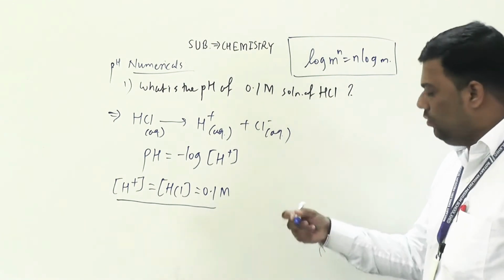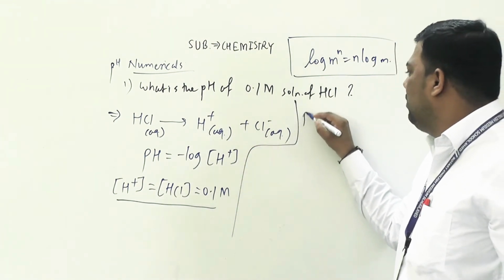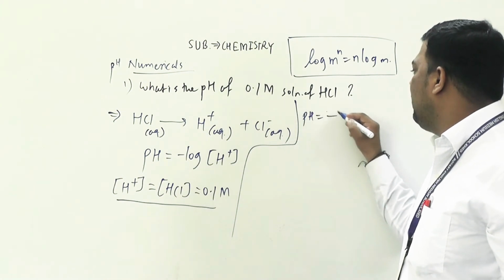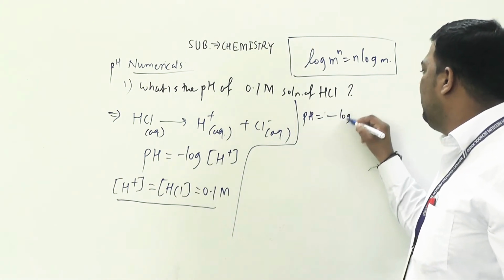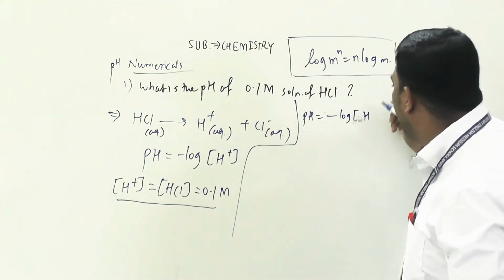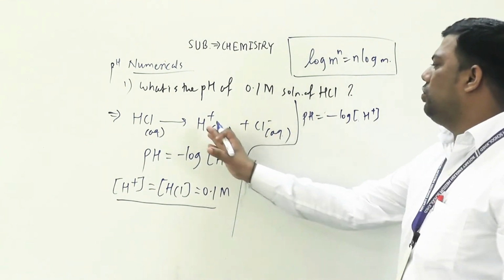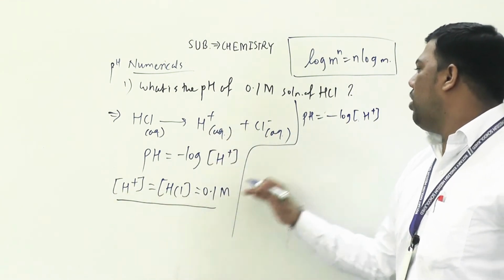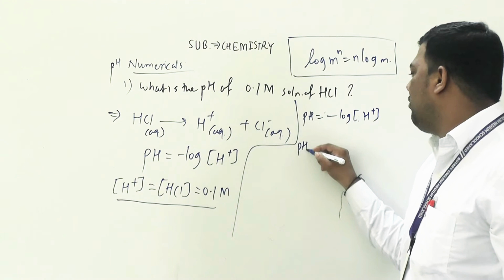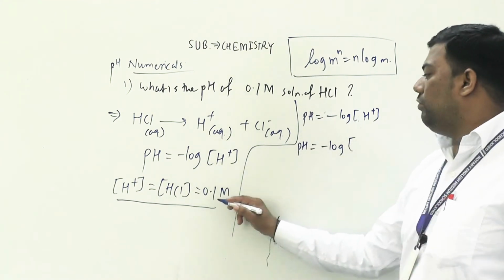As you know, pH is equal to the negative logarithm of the concentration of H plus ions. The concentration of H plus ions is 0.1, and pH you have to calculate. So pH is equal to negative log of 0.1.